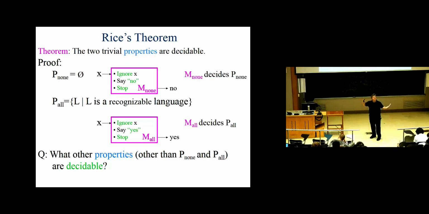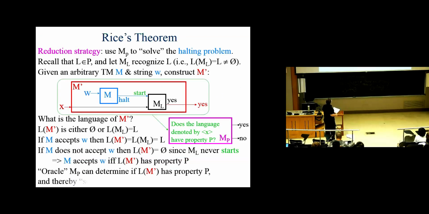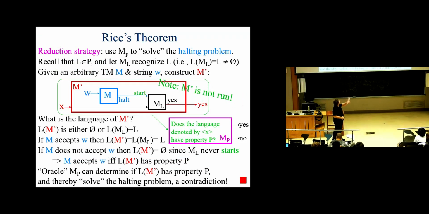So that's one answer. The more sophisticated answer is that when you build this M prime, you have to have a way of distinguishing its language from being empty to some other thing. And if the property was empty, the language here would be empty, and it would accept the empty language even if this fires up. And it won't just be empty because M didn't halt on W and this was never triggered.